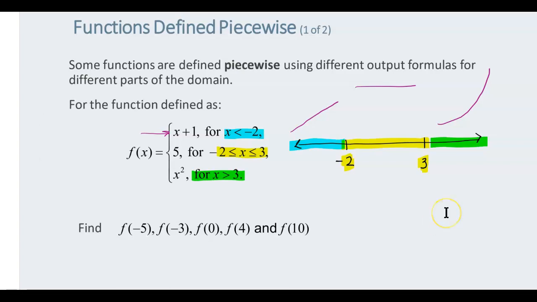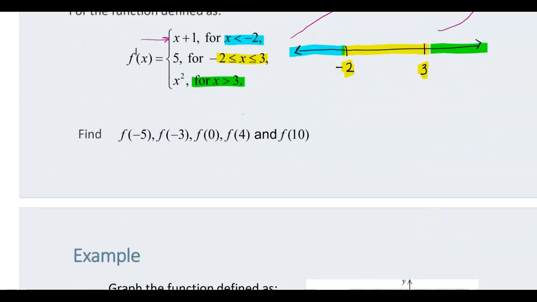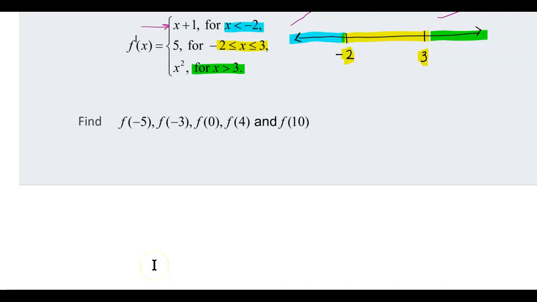So, let me scroll up here for a sec. F of -5 is going to be, we're using the first function, negative 5 plus 1. We're using the x plus 1 portion.